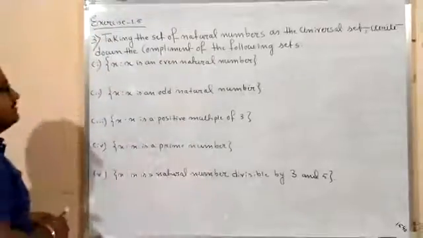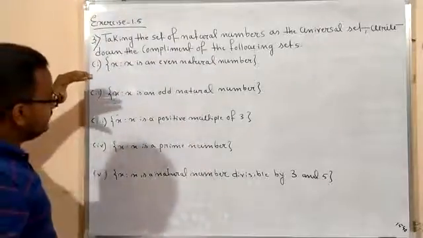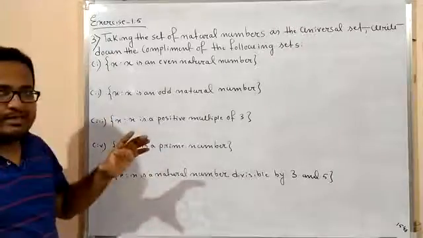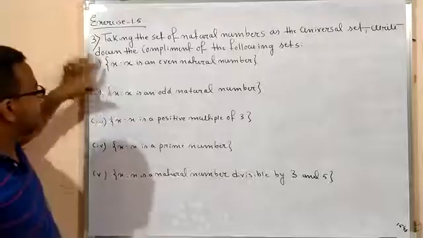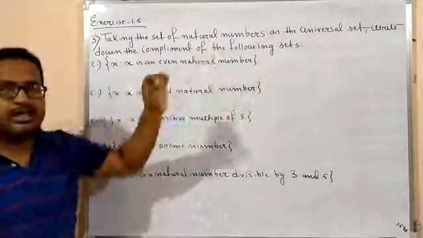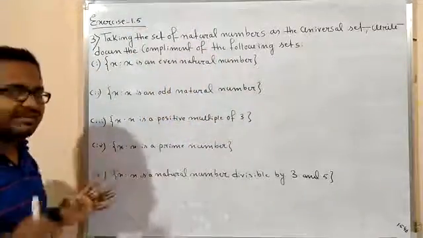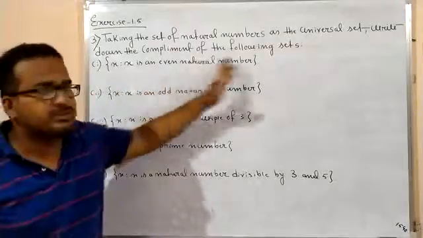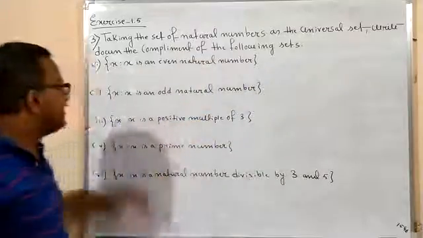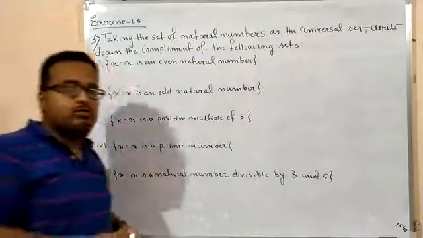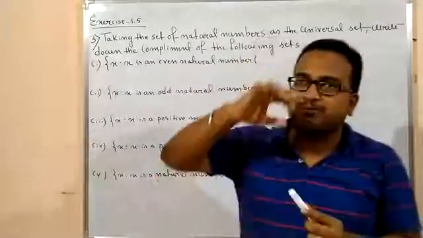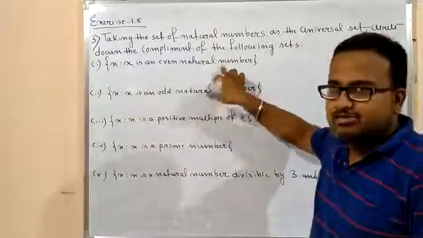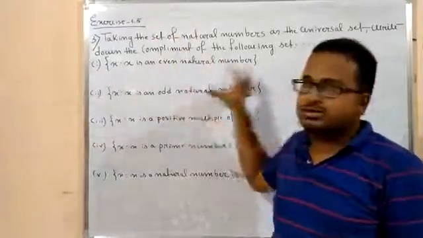So your first thing is, you can write like that. First of all, in one way you can rename the given set: let capital A equal that set, so therefore A complement equals that. Okay, you can write like that, or you can write: therefore the complement of the above set equals this. Okay, don't write this with this, this with this. In one way you can give some name to the set, that means let capital A equal this set, so therefore A complement equals this.